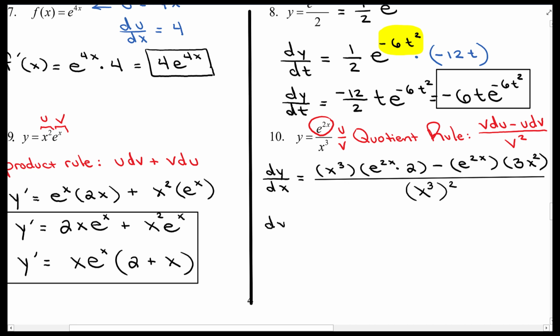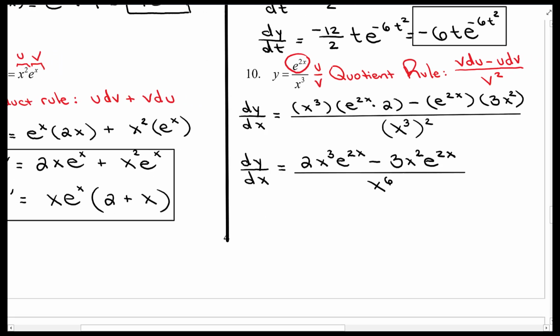So now we're going to have dy/dx is equal to 2x raised to the 3rd power times e raised to the 2x power minus 3x squared times e raised to the 2x power all over x raised to the 6th power.